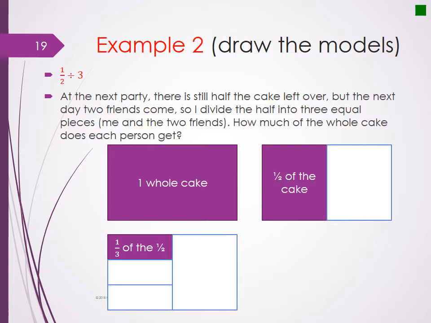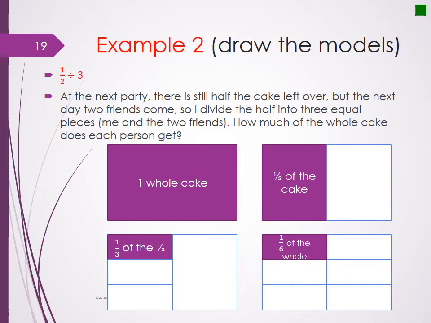Well, if I extend those size pieces to the other part of the original cake, I have 6 of those size pieces. So one of those 3 pieces of the half is the same as 1 of the 6ths of the total cake. So 1/3 of the half is the same as 1/6 of the whole.